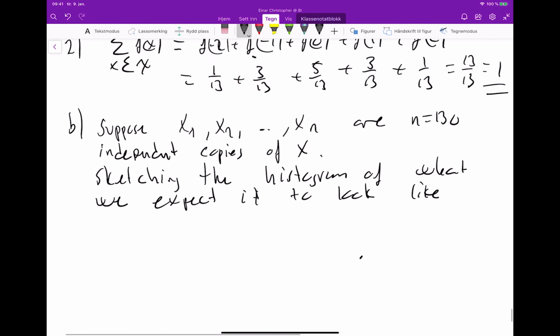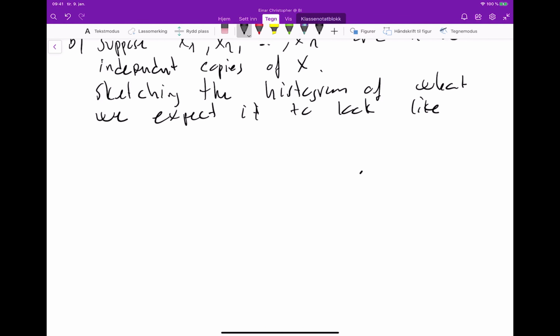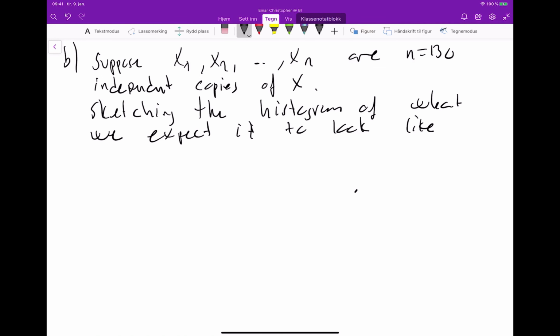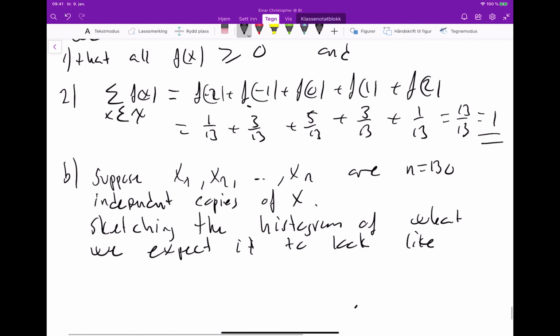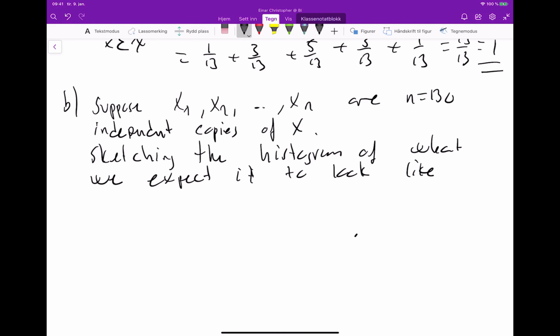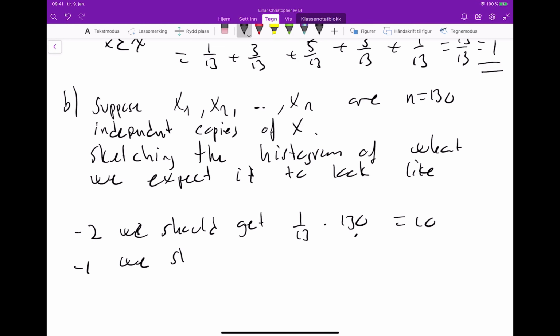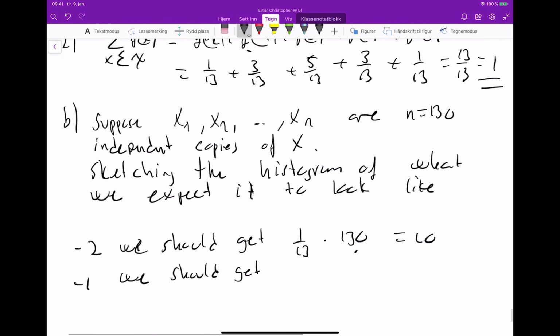In a perfect world, we will get for minus 2 we should get 1 divided on 13 times 130, like 10 times. Minus 1, we should get, what was the probability for minus 1?